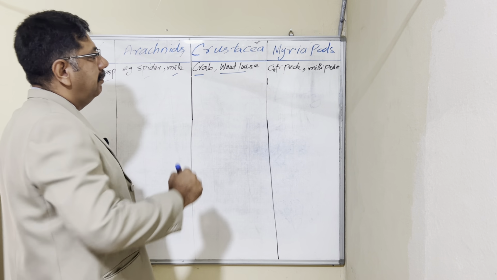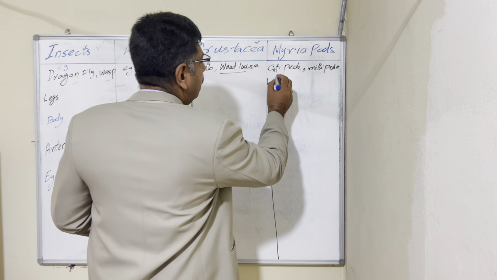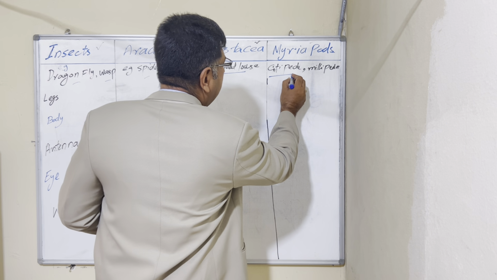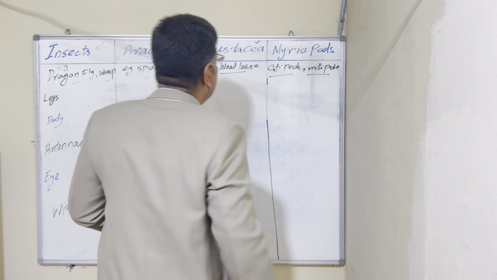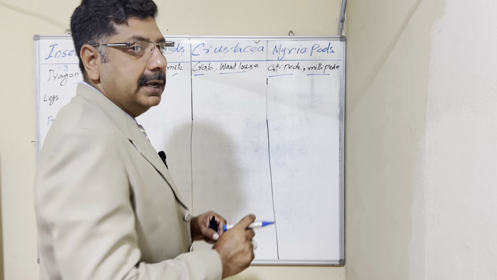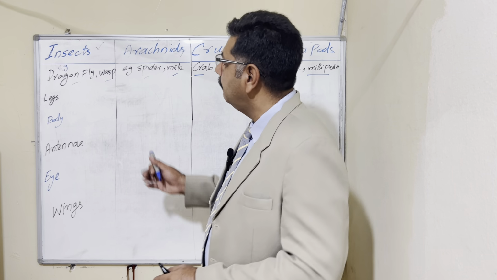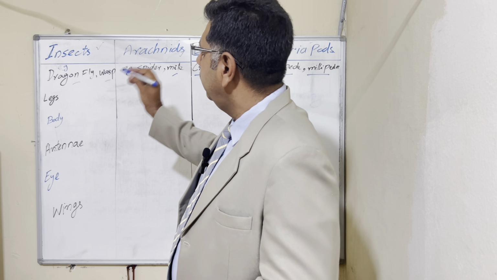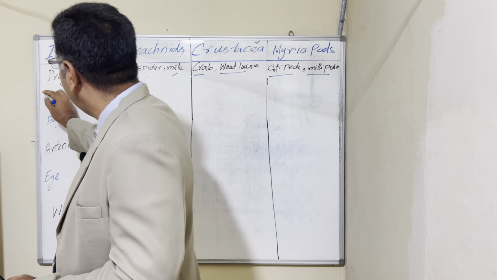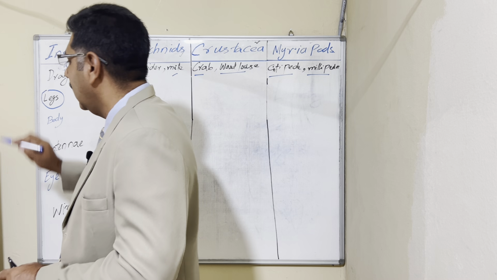And then in myriapods, we have centipede and millipede as the examples. Now let's have a look at the insects. The first feature of the insect is the legs.